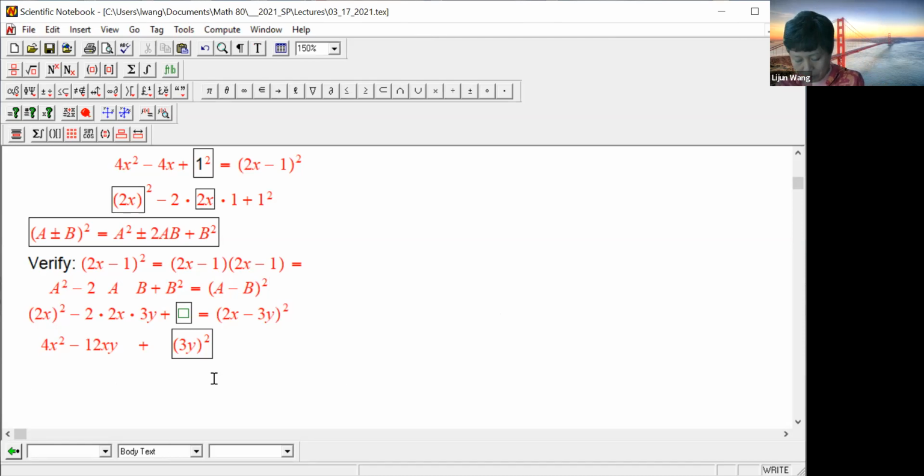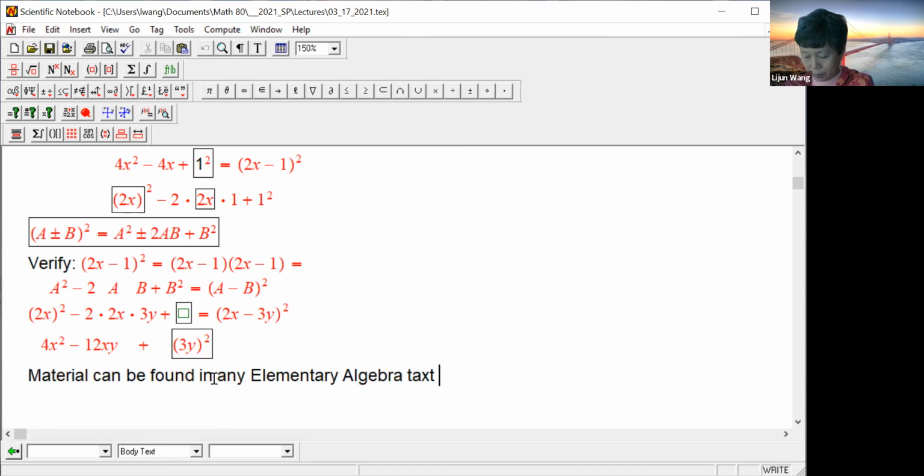Okay, so this material can be found in any elementary algebra text.